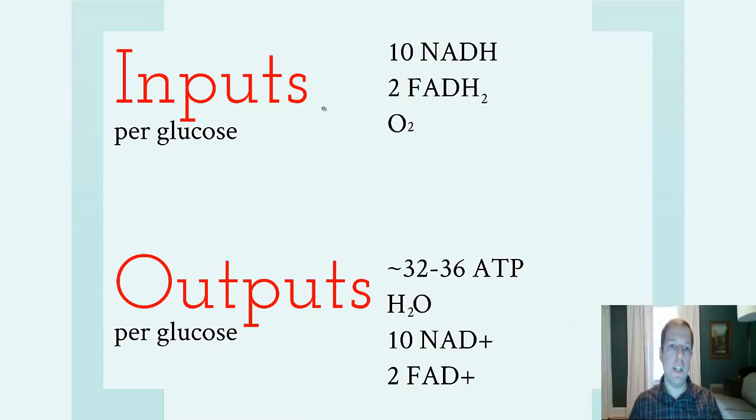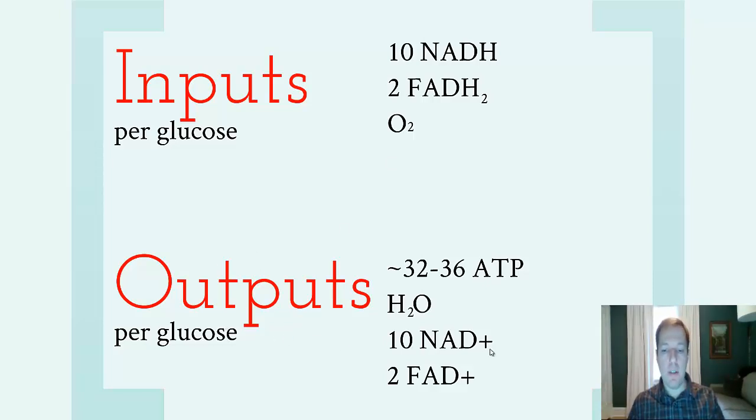In oxidative phosphorylation, the electron transport chain is going to utilize the electrons which are bound to our electron carriers, NADH and FADH2. We also need oxygen gas as an electron acceptor.